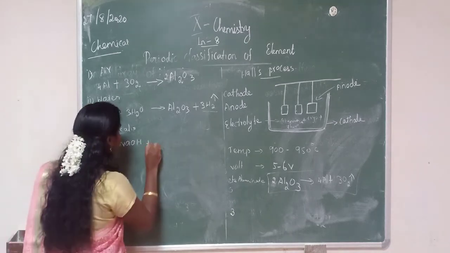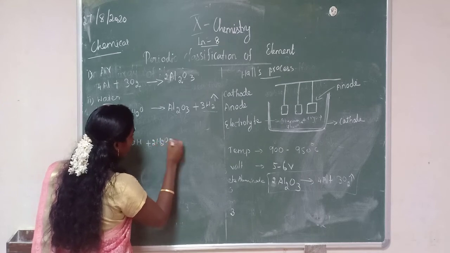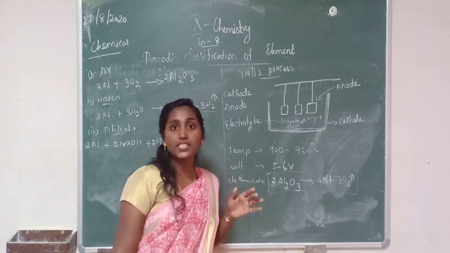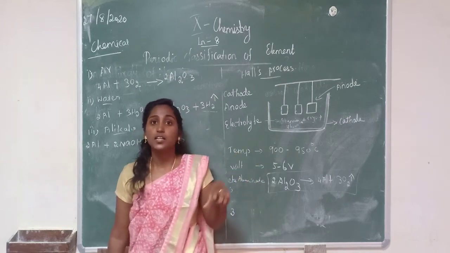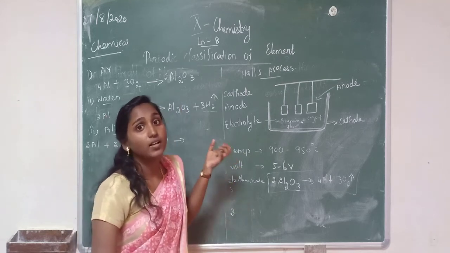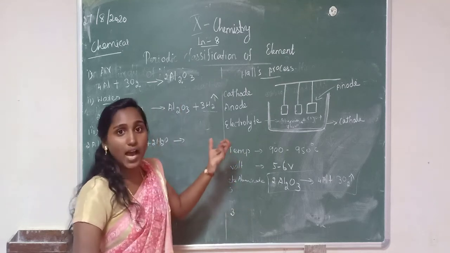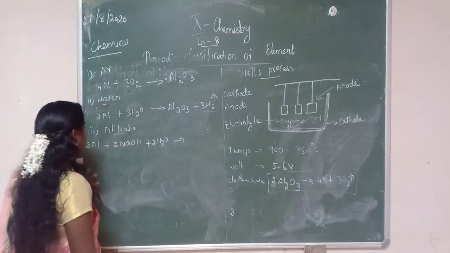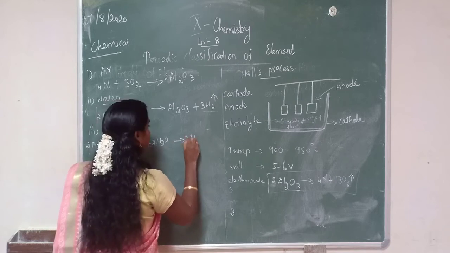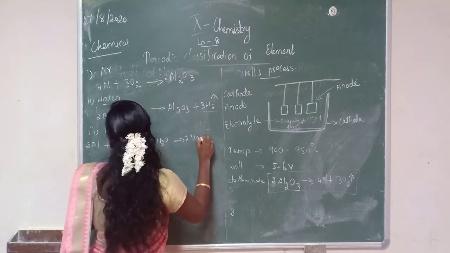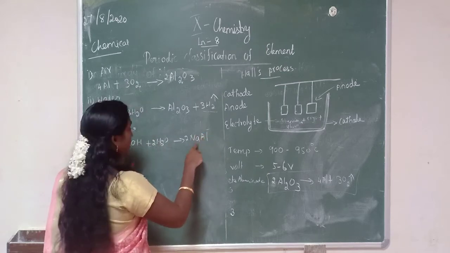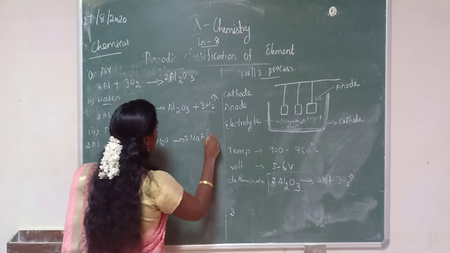When aluminium reacts with caustic soda and water, already we studied in the Baeyer process, when bauxite ore reacts with caustic soda, it gave sodium meta-aluminate. That same product we will get here. What is the formula of sodium meta-aluminate? NaAlO2.